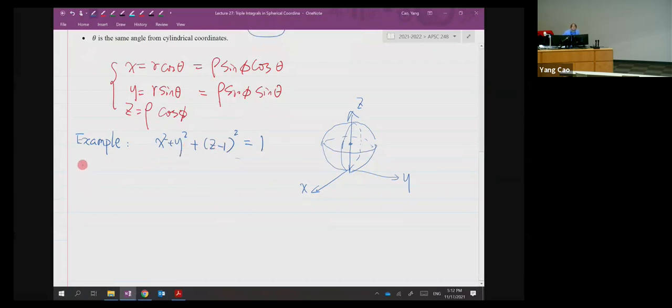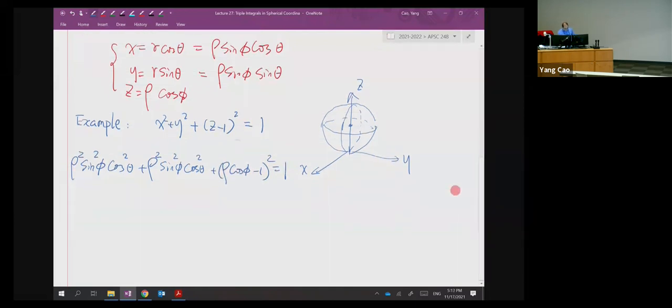It's a little bit long expression, but many things can be simplified. That's your x squared. That's your y squared. And this is the (z minus 1) to the power 2, equal to 1.